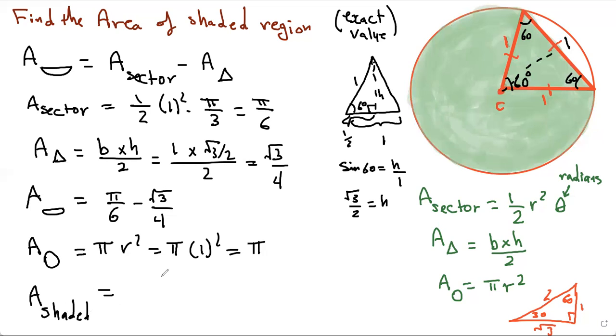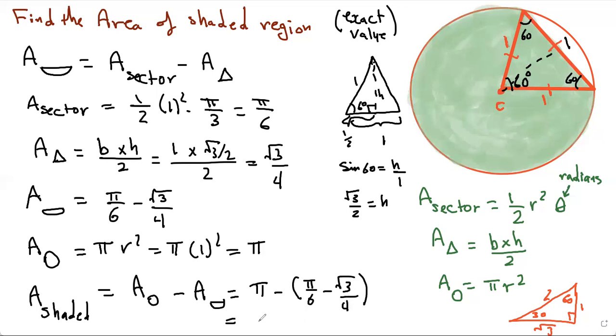So therefore, the area of the circle minus the area of the unshaded region, which looks like this, which gives me pi minus, in brackets, pi over 6 minus root 3 over 4.